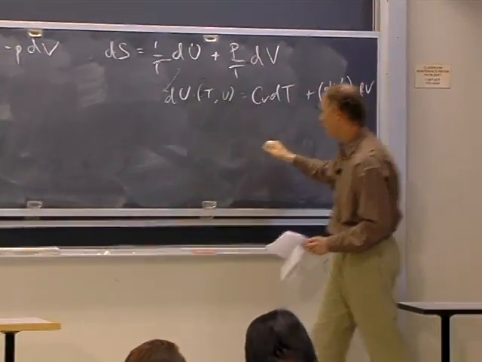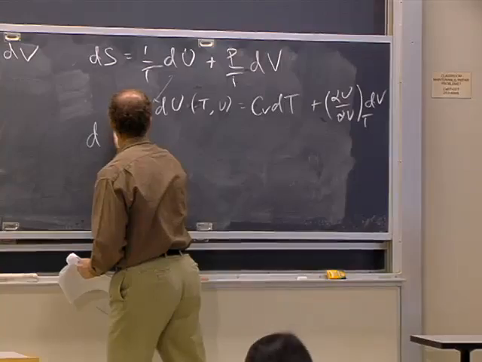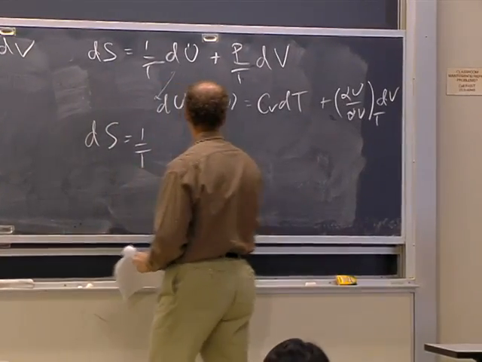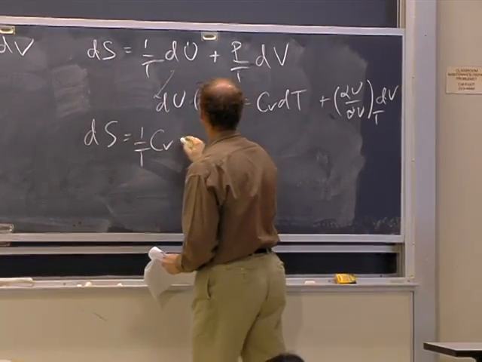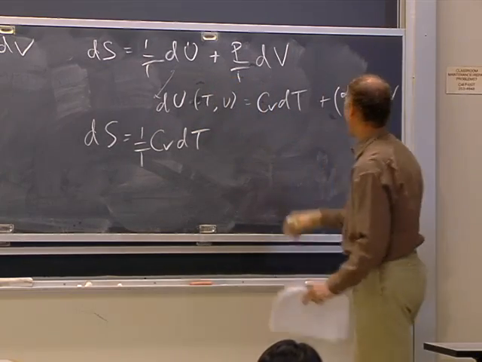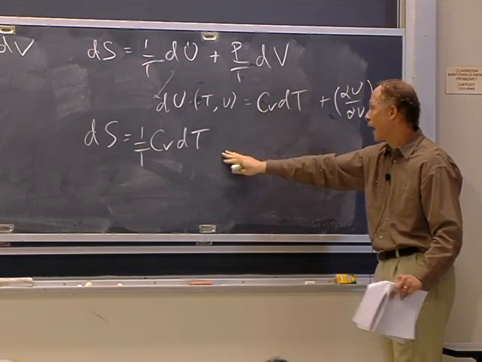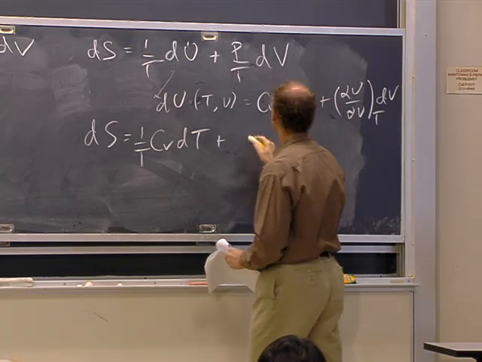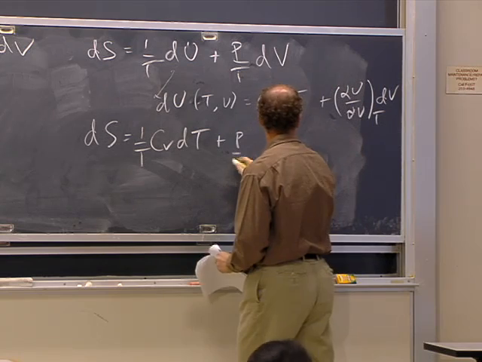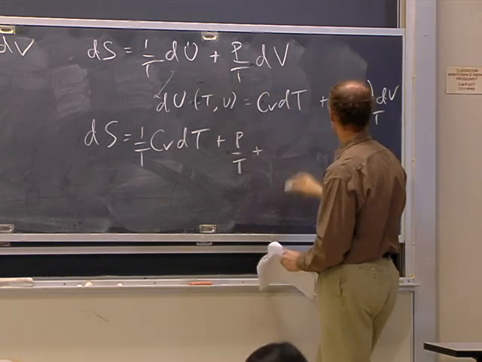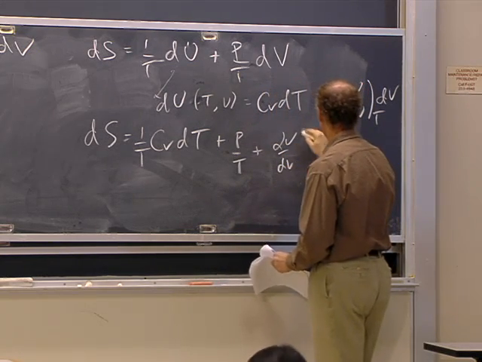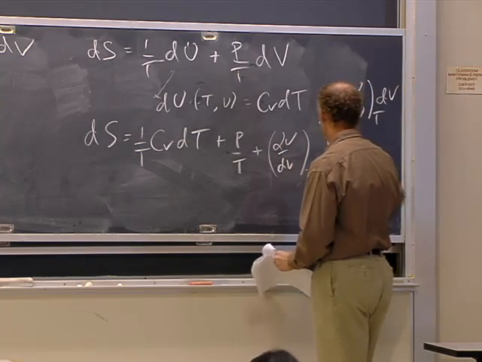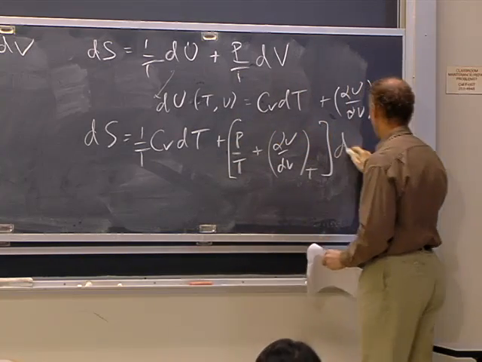The reason we're doing that is now we can rewrite dS as 1 over T times Cv dT. And that's the only temperature dependence we're going to have. The other part is going to be a function of volume. So we've got p over T plus dU/dV at constant T, times dV.